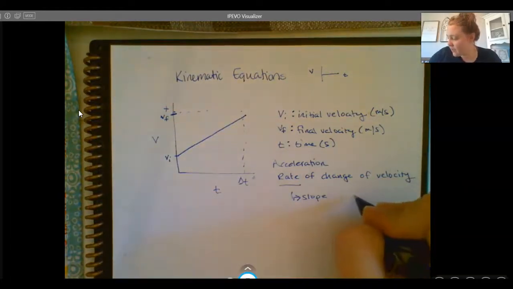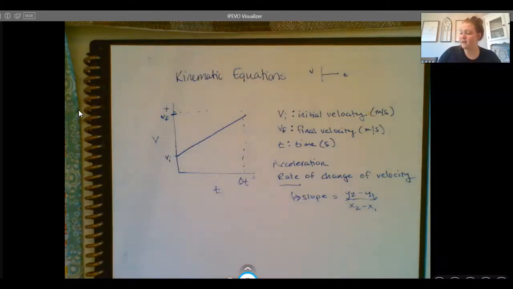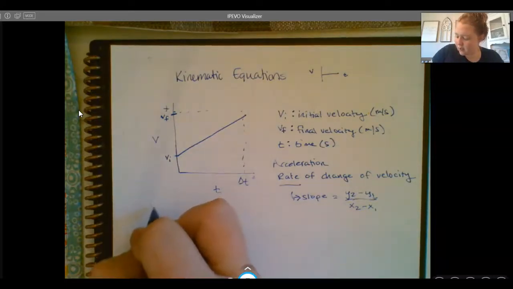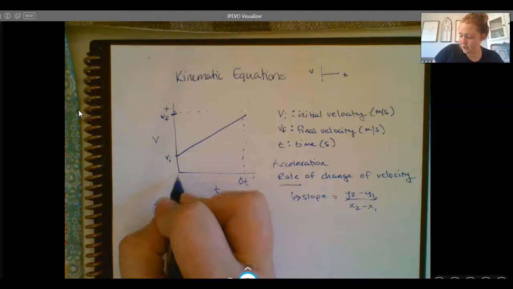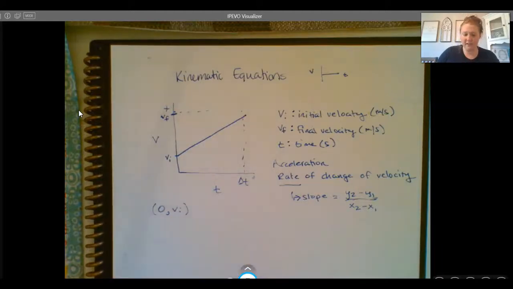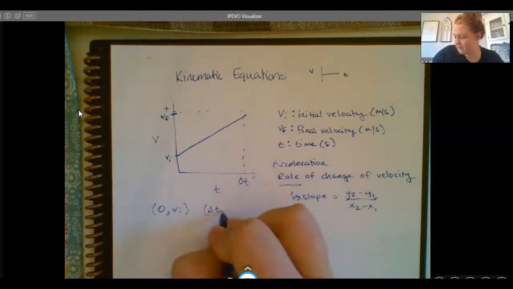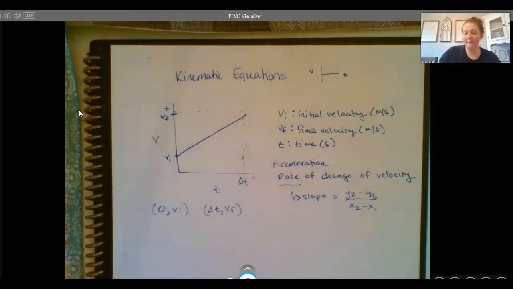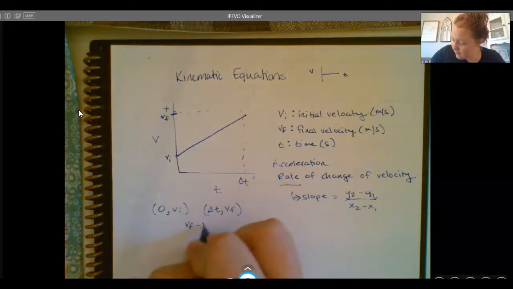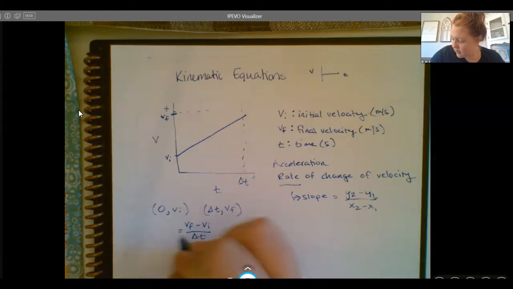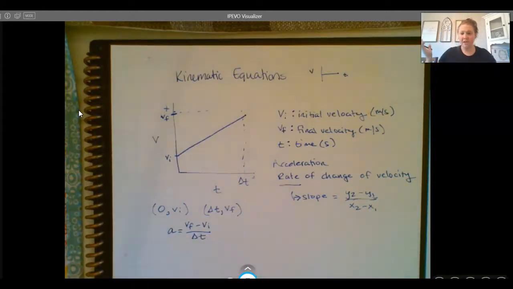The slope is found by doing y2 minus y1 over x2 minus x1. So we could take two points. We could have 0 for time and our initial velocity, and we could have the next point be delta t, the final time, and the final velocity. And if I were to find the slope of those two, it would be VF minus VI over delta t equals acceleration.